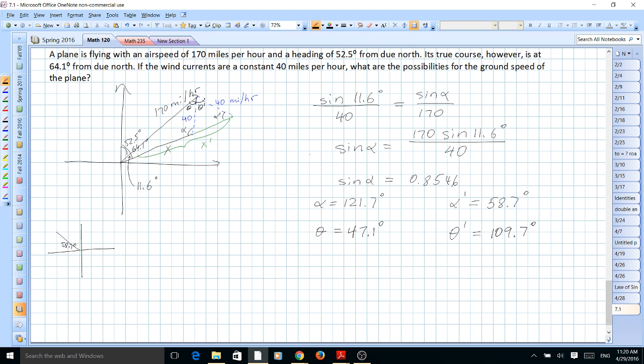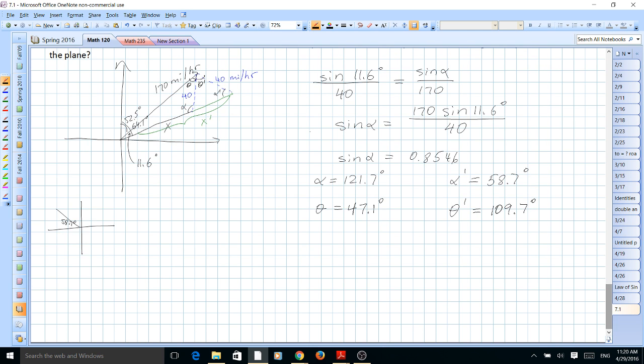I have all the information I need. What else I need is to find the actual x. So this gives me two angles to work with. I have two more laws of sines that I can get out from here. So sine of 11.6 degrees divided by 40 will then be sine of 47.1 degrees divided by, so this 47 is my theta, so that's my x.